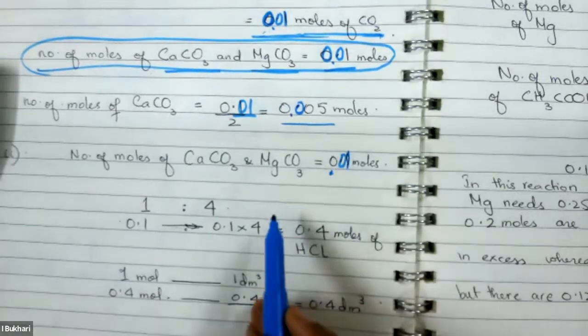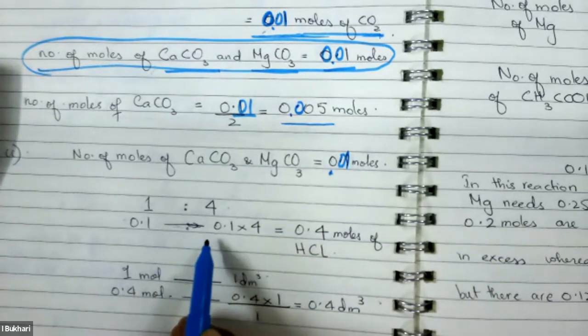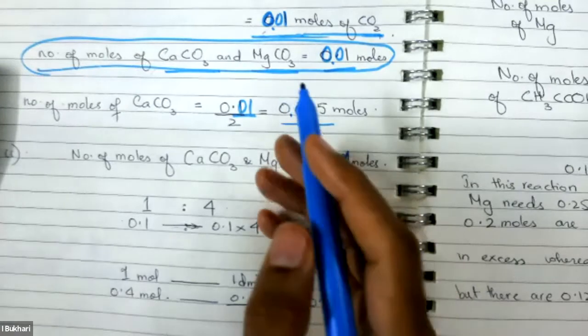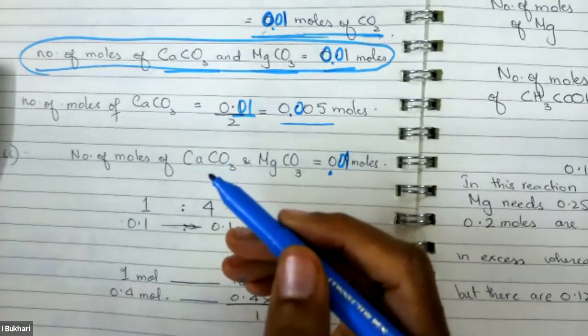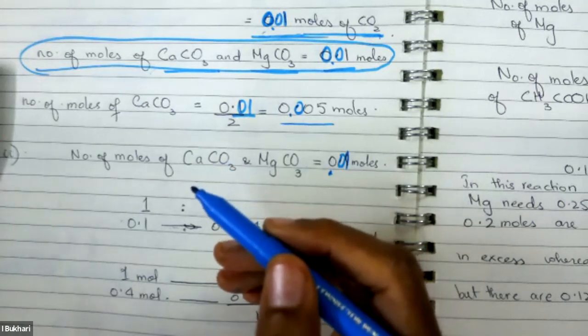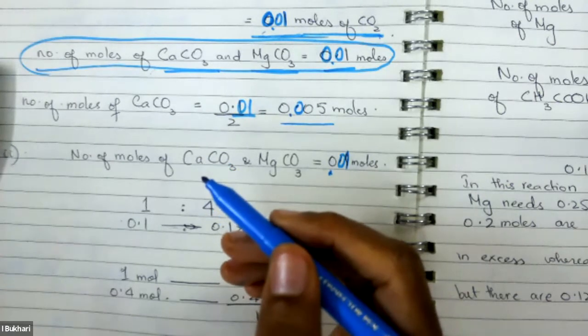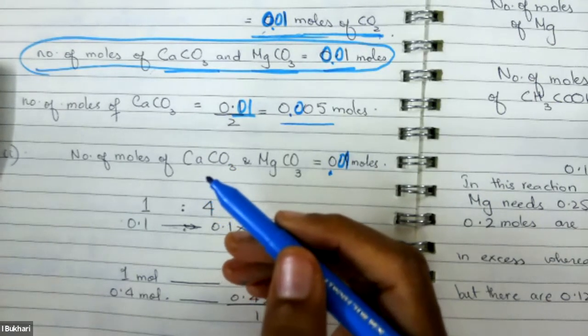And then using this, the number of moles of hydrochloric acid needed to react with one tablet. Now you can see the number of moles according to the equations, according to the reactions. Please pay attention to the question. In the worksheet you can see the total number of moles of hydrochloric acid is 4.